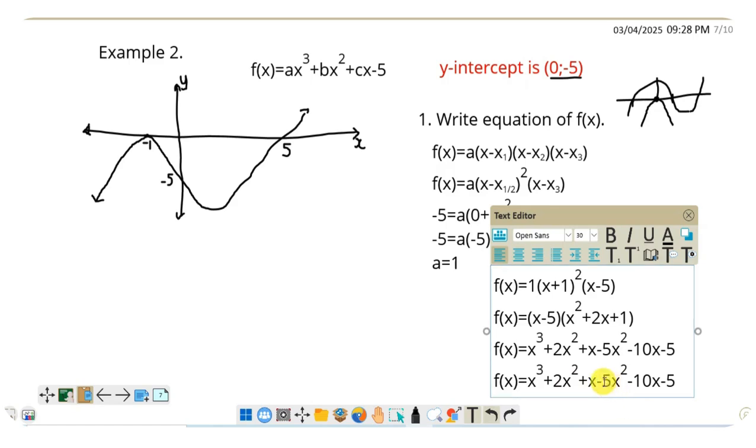So they subtract each other. Then x minus 10x, they subtract each other.